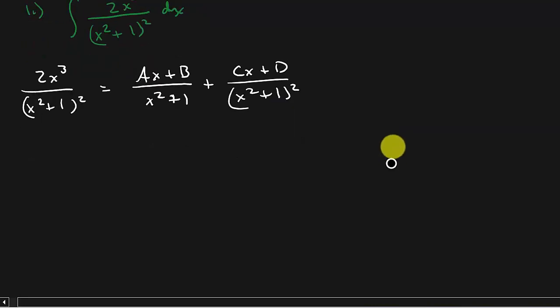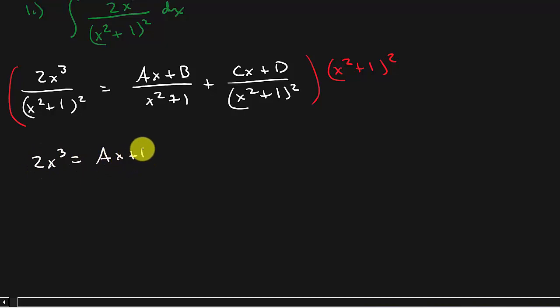So now, once again, we just multiply by the common denominator. So that's 2x cubed equals ax plus b times x squared plus 1, plus cx plus d. So I'll need to FOIL this out because there's nothing I can let x equal.